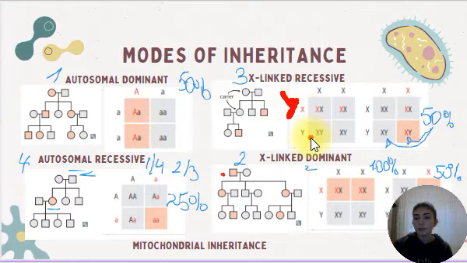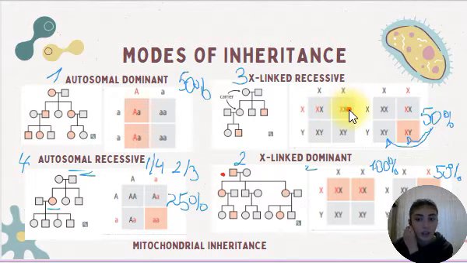And in this table you see that when you have a male with the disease and he passes his X to his daughter, these daughters are healthy, but they carry the disease. They are carriers of the disease. If you look at the mother, you see that one X goes to her son and the other X goes to her daughter, right?